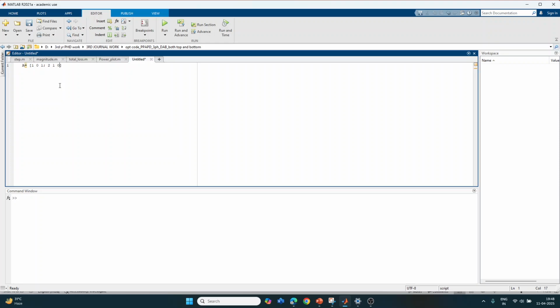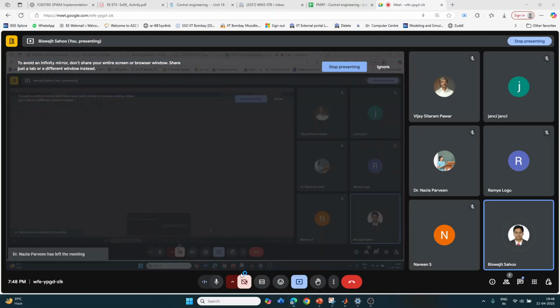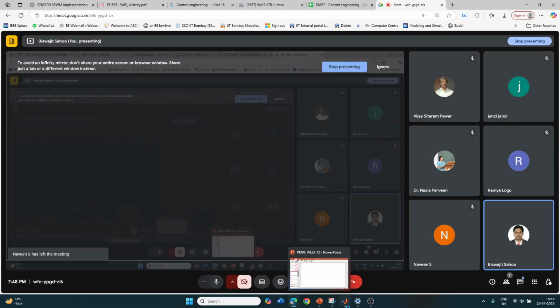Can anyone please comment whether it is visible or not? Okay, this is the A matrix I have written. Is everyone there?